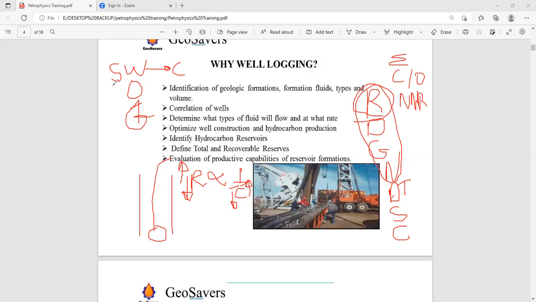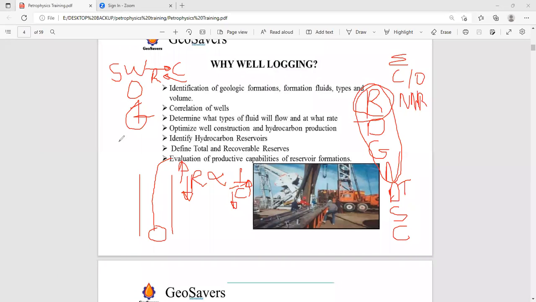These ions can easily conduct electricity. So if we have saline water that conducts electricity, it means this saline water is going to have a very low resistivity. So just by looking at the nature of the resistivity, it is going to tell me what type of fluid I expect to have inside that formation.